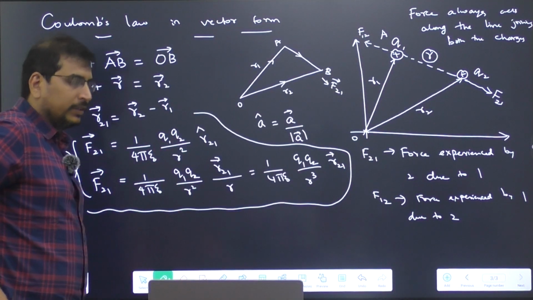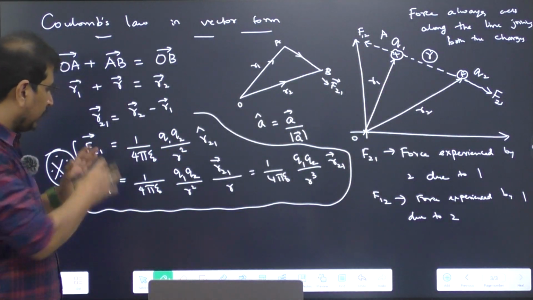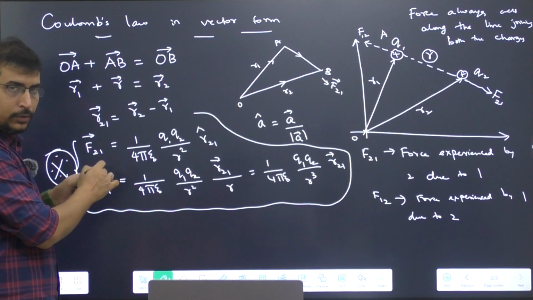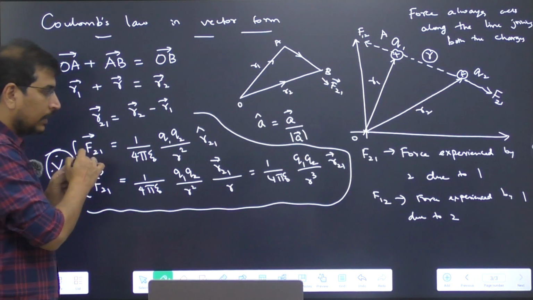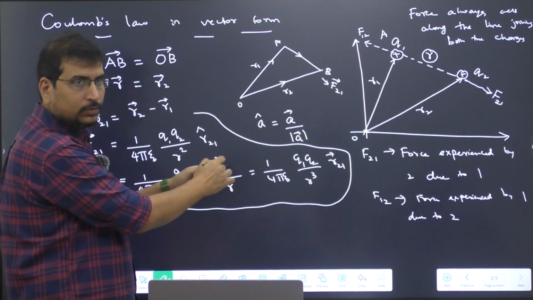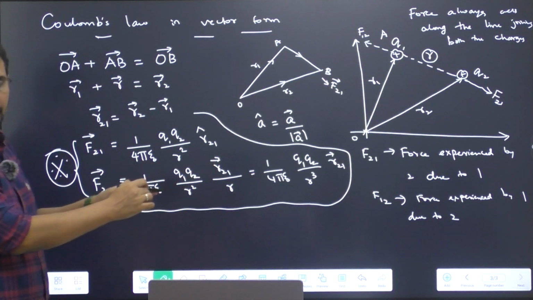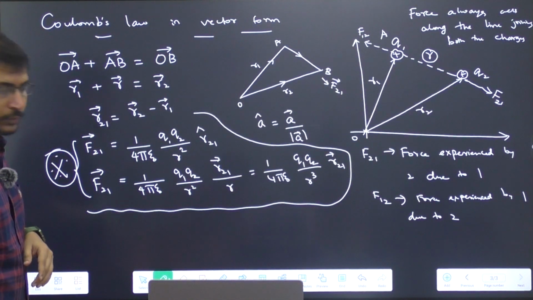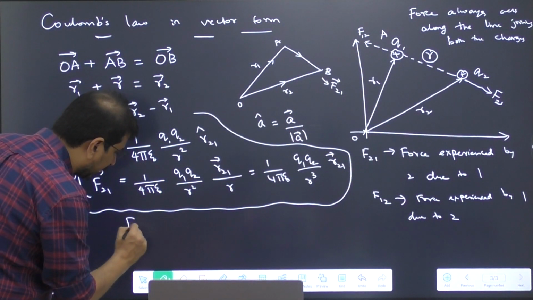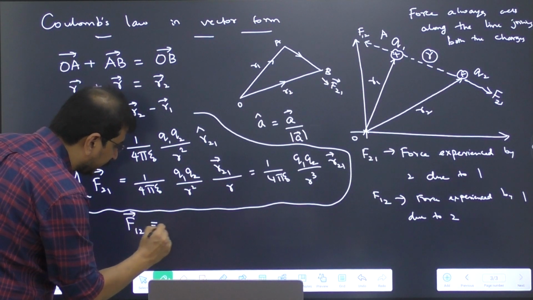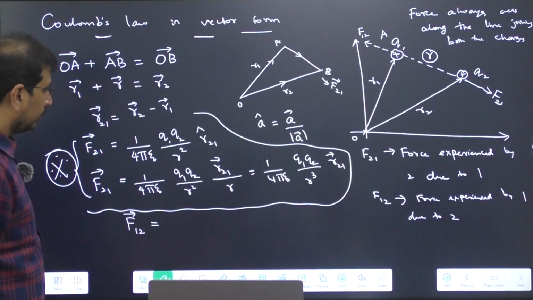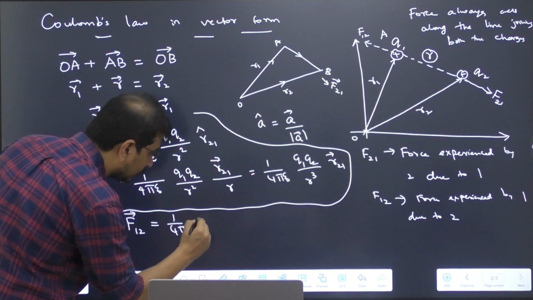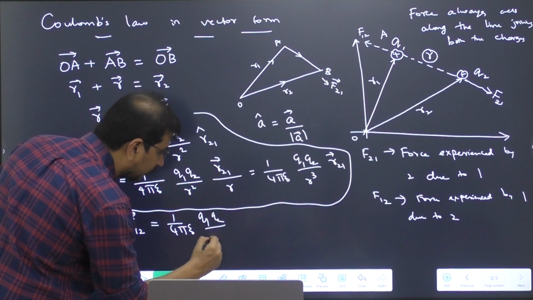I want you all to observe one thing. You see a pattern here. F with the subscript of 2,1 has a unit vector with the subscript of 2,1. Right? So what is the next thing that we are supposed to do? It is going to be for F12. So logically, if I write F12 in the form of vector, then what will it be? 1 by 4 pi epsilon naught into Q1, Q2 by R square.